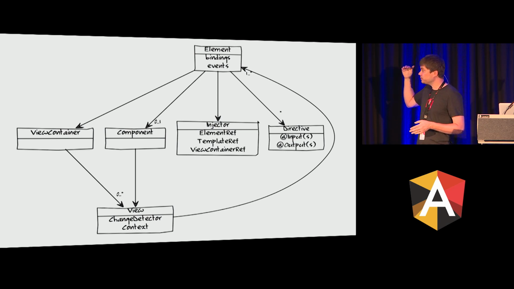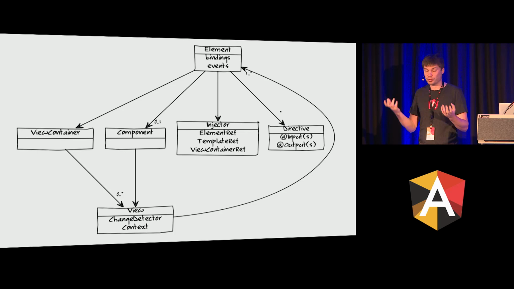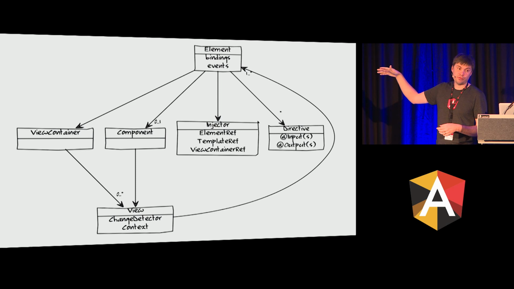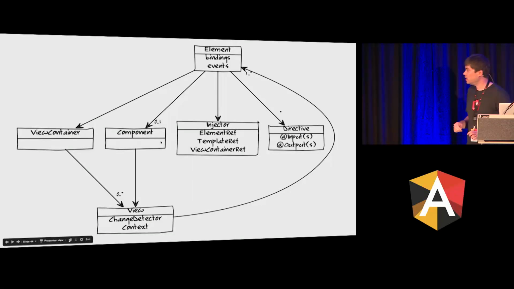And then I can create those views either from a template element or from a component. At the end of the day, I'm going to get a view, which is just a bunch of nodes. And then I've got this ViewContainerRef, which allows me to insert the views I created.